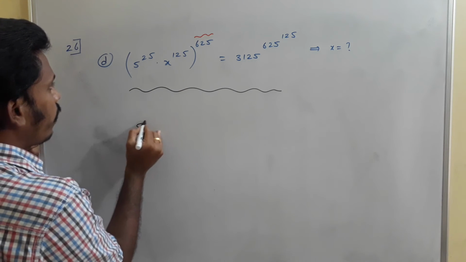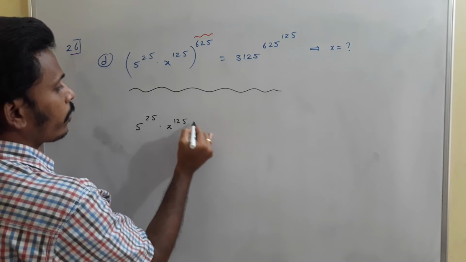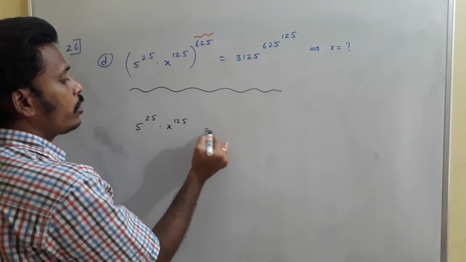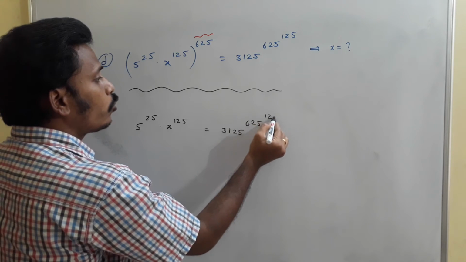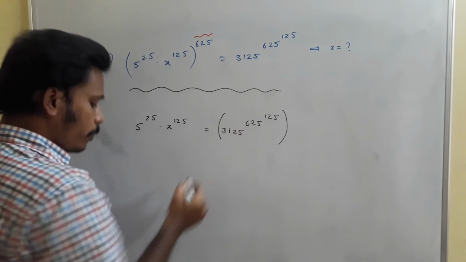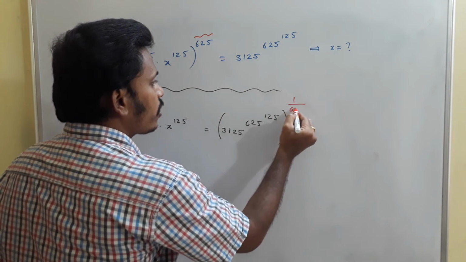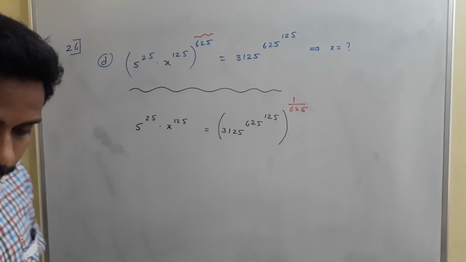Just have a look. 5 power 25 into x to the power 125. This is the left side part. I am just moving 625 to the other side. So this is equal to 3125 to the power 625 to the power 125, and this part power 1 by 625.